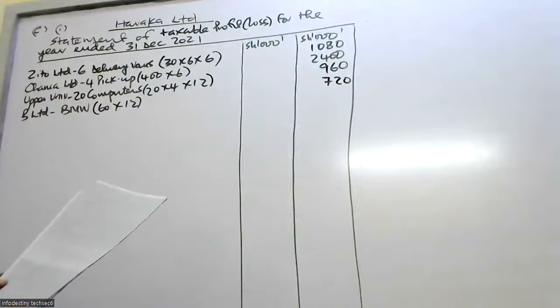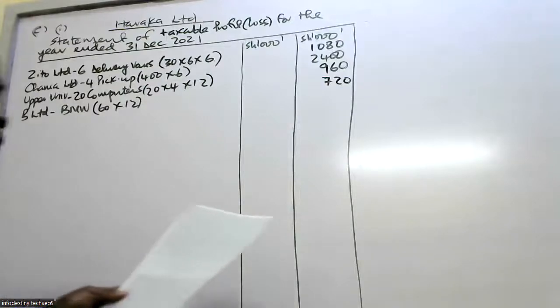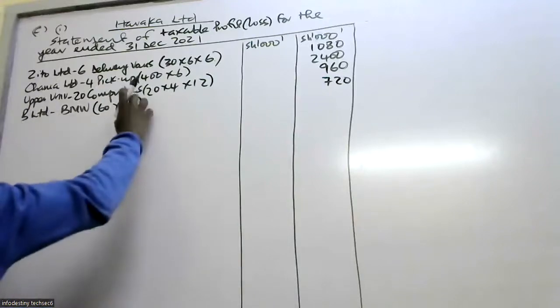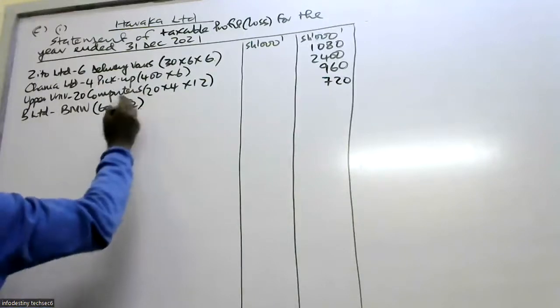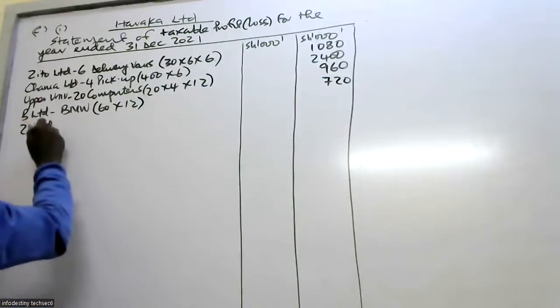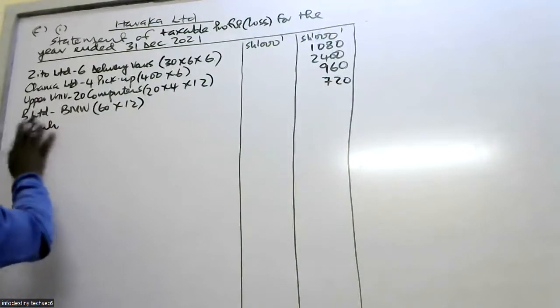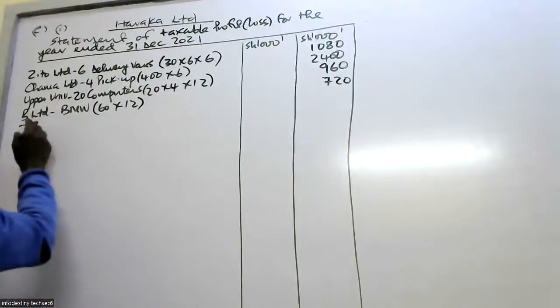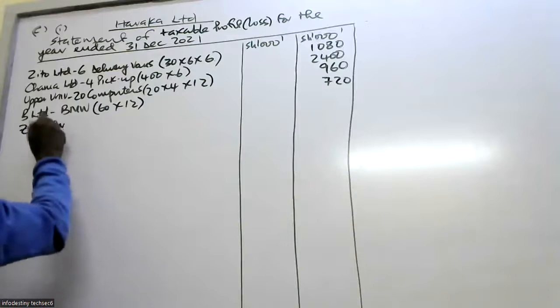Monthly 60,000. Yes. Next one, 2 Land Cruiser Prado vehicles to Z Contractors.